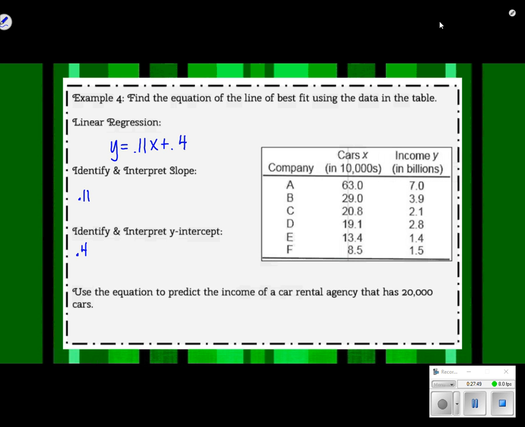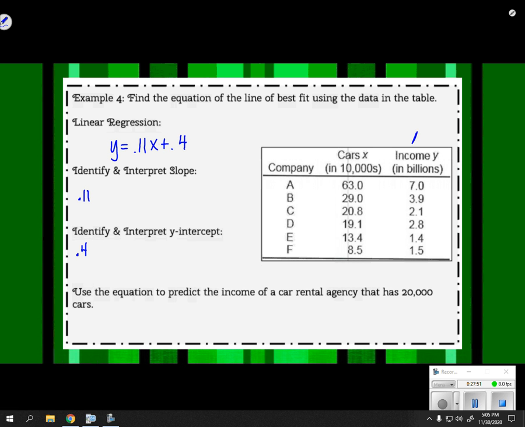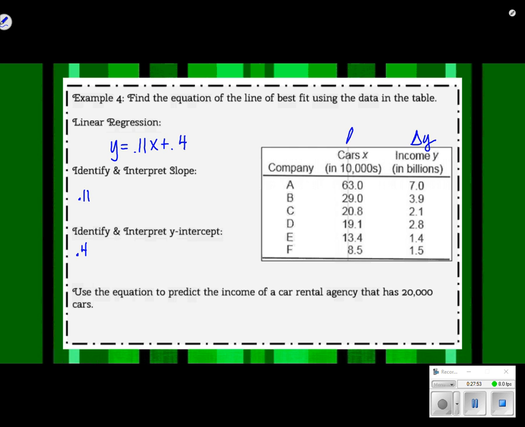So we're looking at, again, change in y over change in x. So we are looking at income in billions of dollars divided by cars in the 10,000s. So we have some unit conversion things happening.